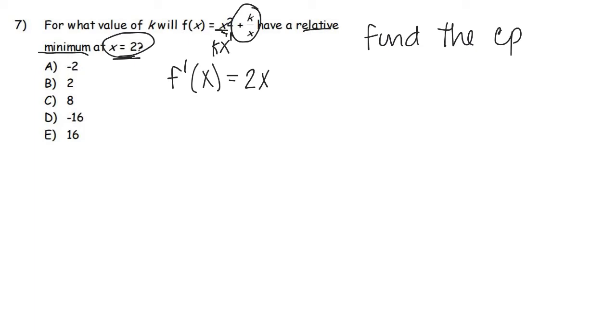So that's going to be negative 1 times k, so minus k x, and negative 1 minus 1 is negative 2. Okay, so let's see what that looks like. f prime of x equals 2x minus k over x squared.